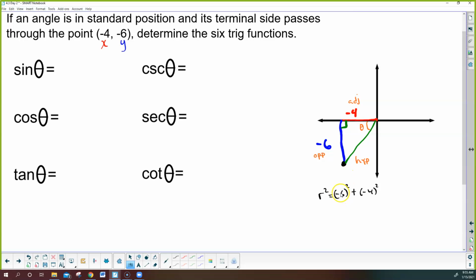Notice something really quick before we get our answer. When I square negatives, they turn into positives, right? And the square root of a positive will always be a positive. So your radius will always be a positive length. And then when I add this together, I get 52.